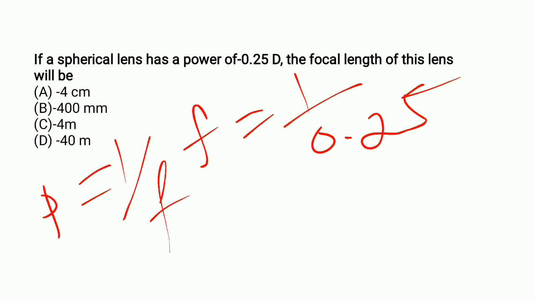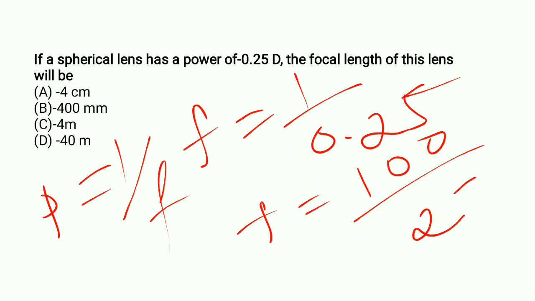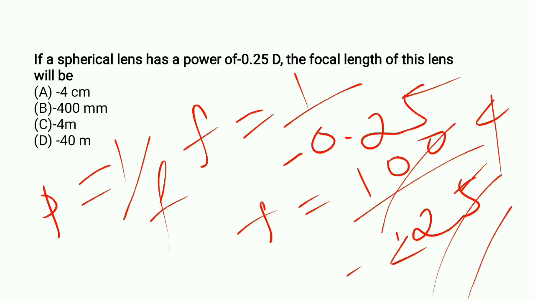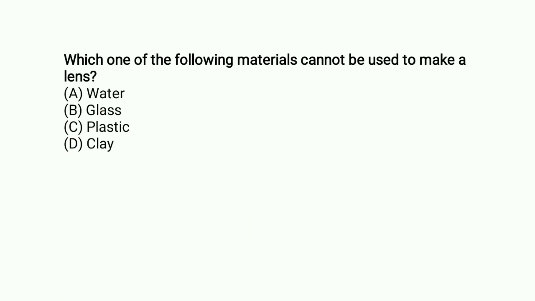So simplify this one, in the numerator I can write 100 divided by 25, and here as they have given it in minus, so just simplify this one. 25 fours are 100, it means minus 4. The focal length is minus 4. So here option C, minus 4 meter is the correct answer.